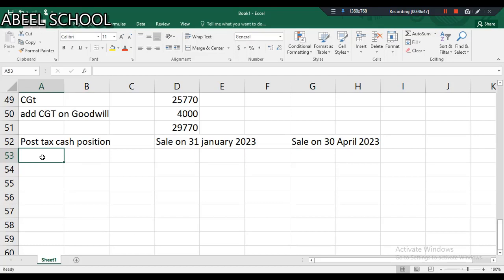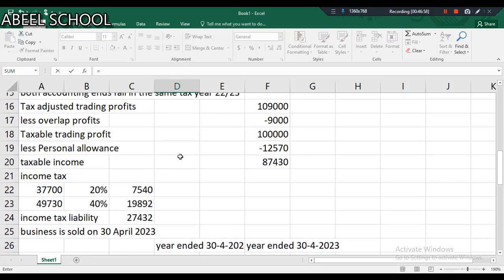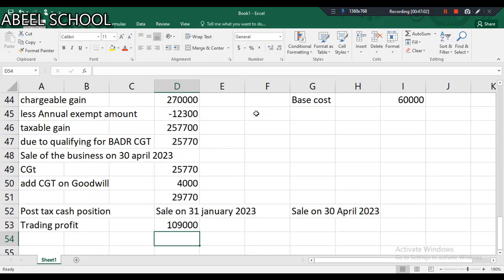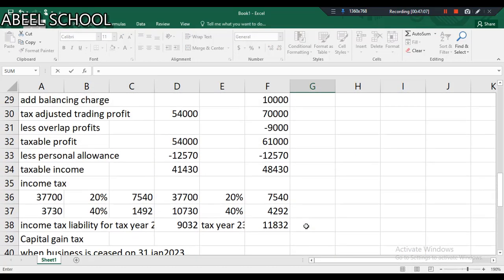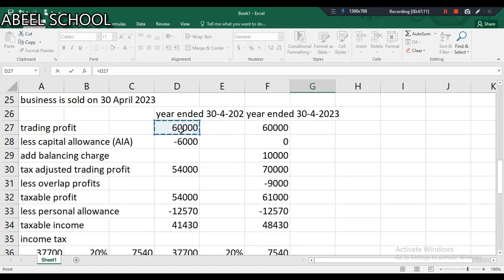We will take trading profit. Now I will take this entire trading profit over here. Trading profit is going to be this plus this.